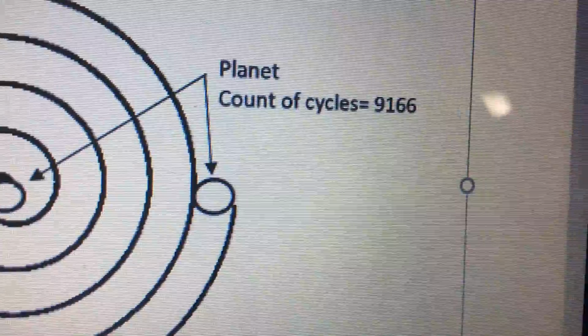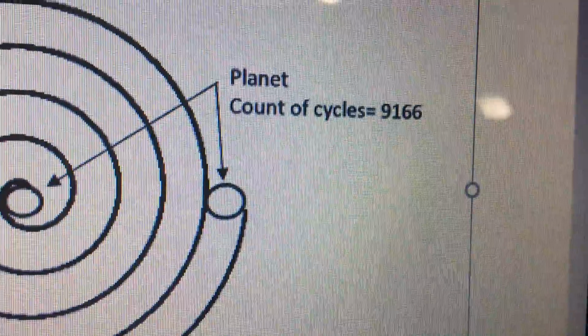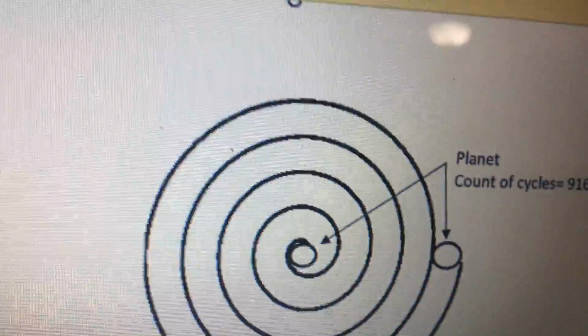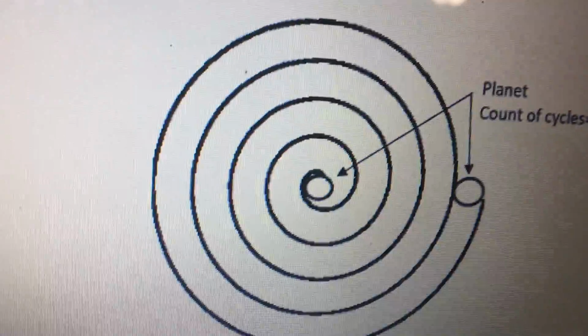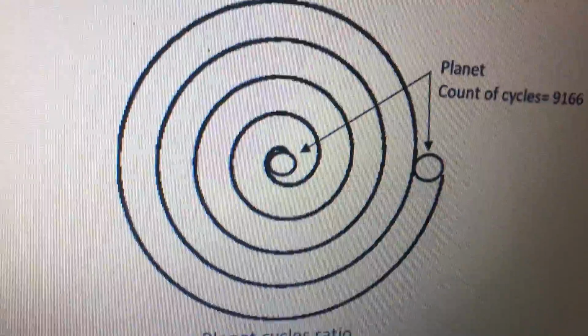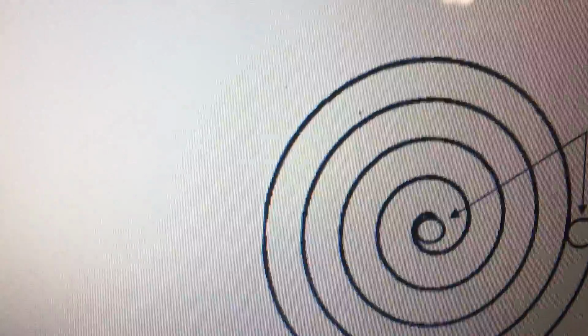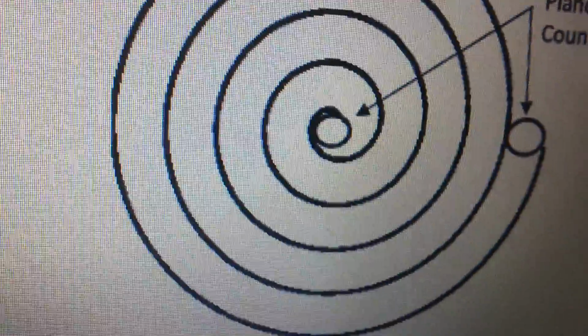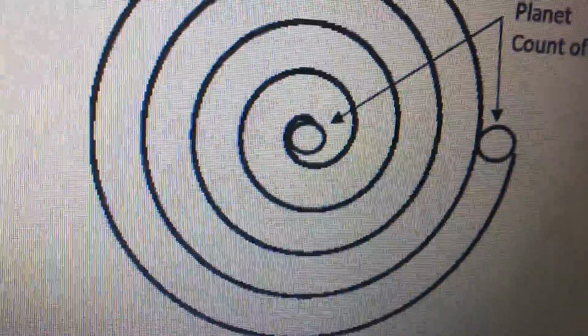This gives the number 9166. So this means the whole solar disk elements and the gas shrank into a huge sphere, and this sphere is the sun. This was the action.